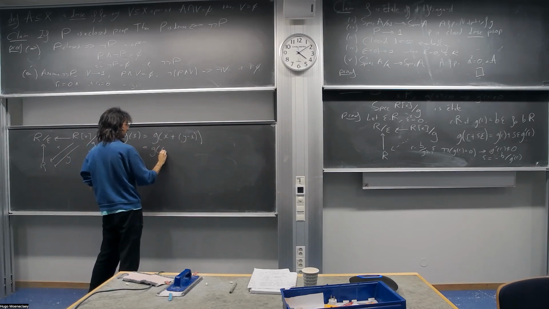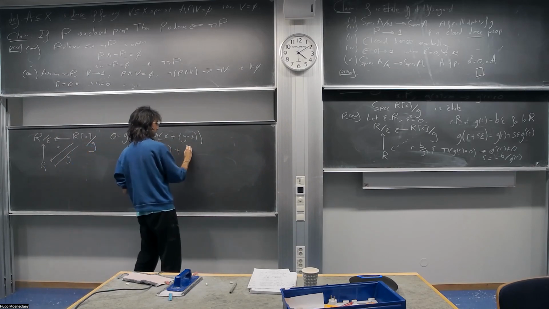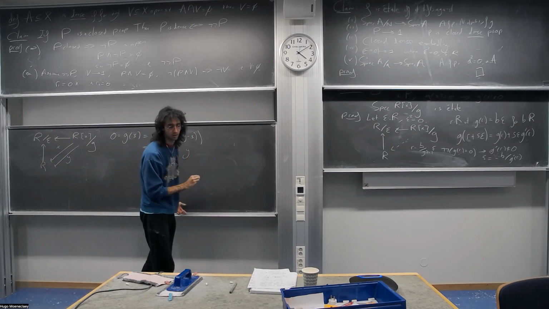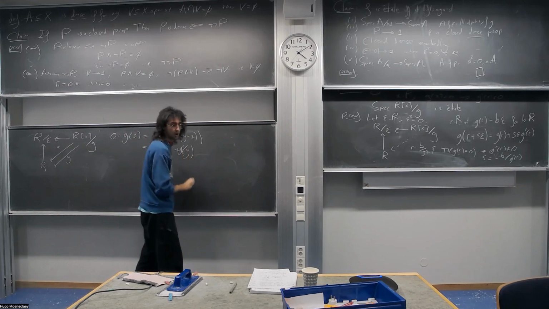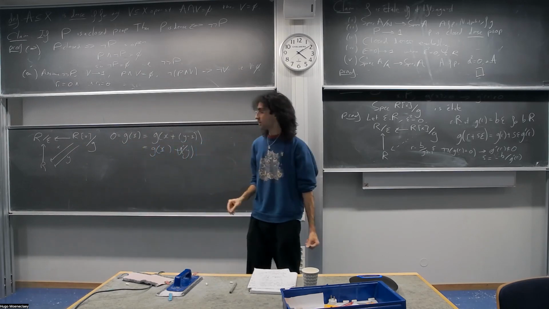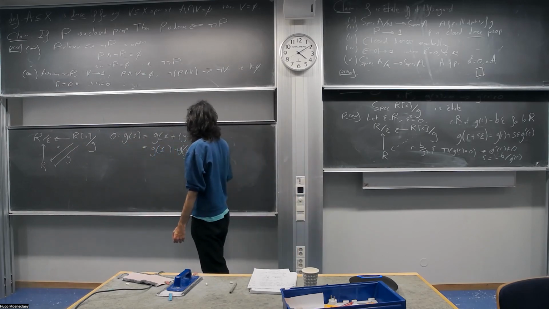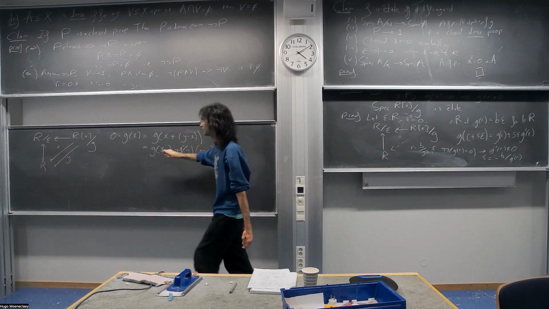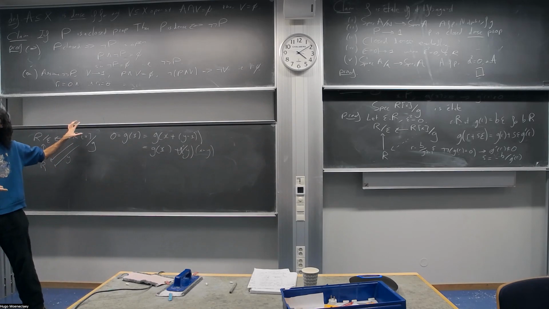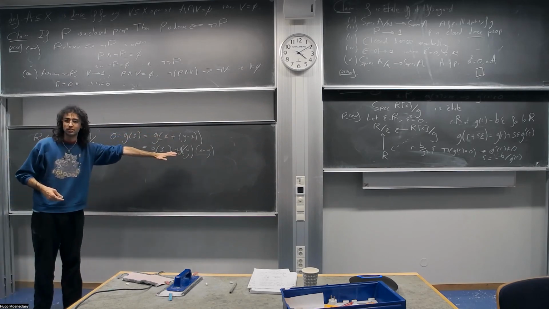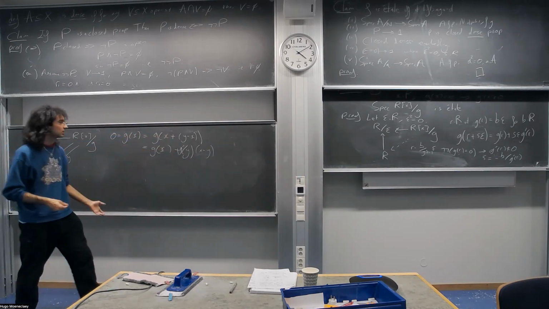So this is G of X, probably G prime Y times X minus 1. And why do we know this? Well, this thing is congruent to 0 mod epsilon, and so it's really a square infinitesimal, and so we can do this derivative expansion thing that we were doing before.